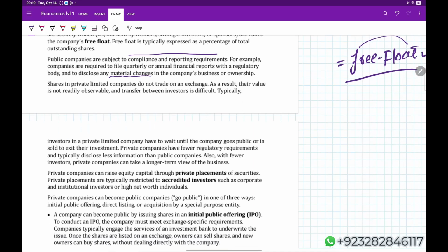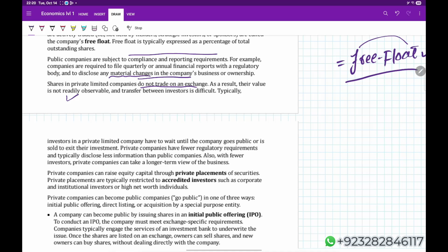But when we talk about private companies not traded on a stock exchange, because they are not traded on a stock exchange, their value is not readily observable. I mean, if I have to purchase Apple shares, whatever the share price is, I will purchase. I know the share price of Apple because it is published. But when we talk about private companies, because of infrequent trading, because of illiquid investments, the value is not readily observable.